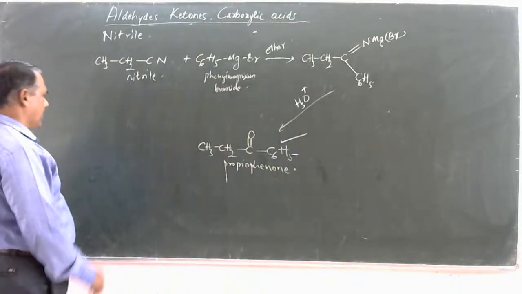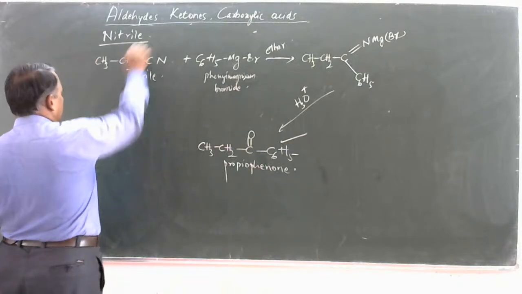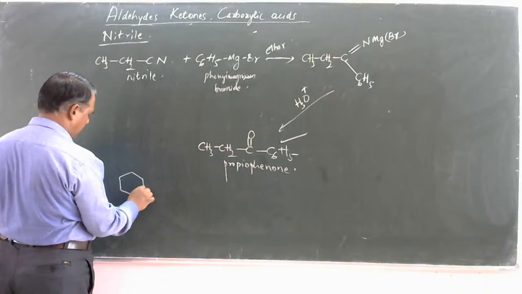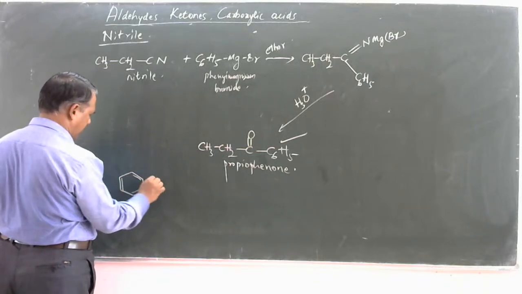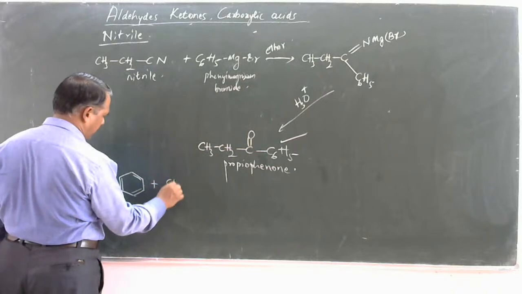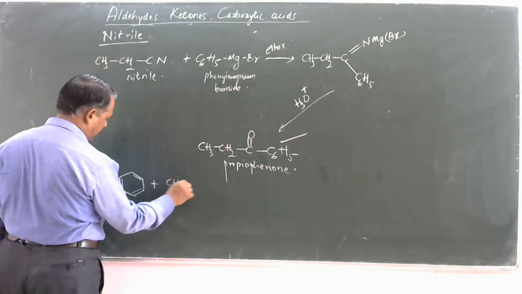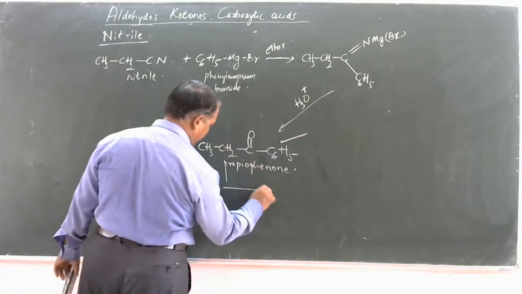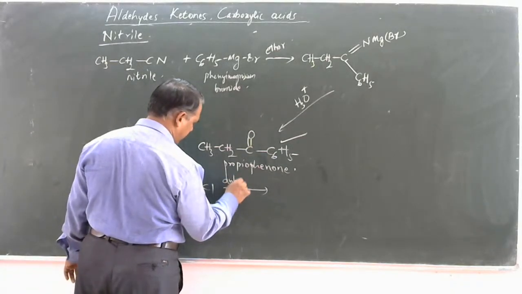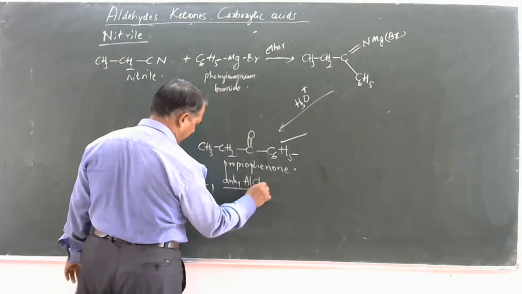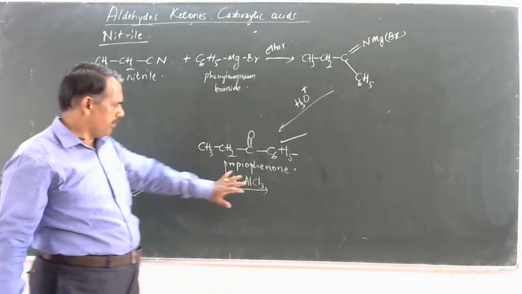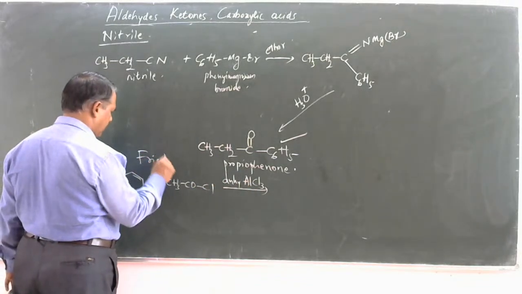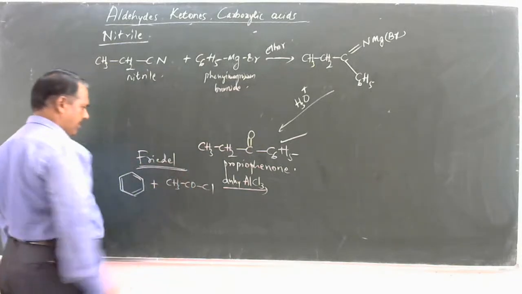Again, ketone can also be prepared from benzene. When benzene or substituted benzene is treated with acetyl chloride, CH3COCl, in the presence of anhydrous aluminum chloride, it is nothing but Friedel-Crafts acylation.